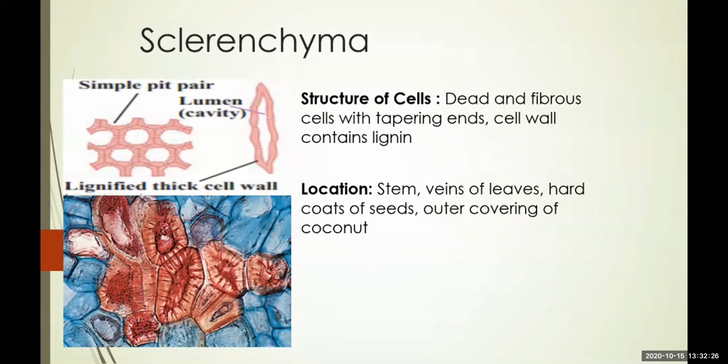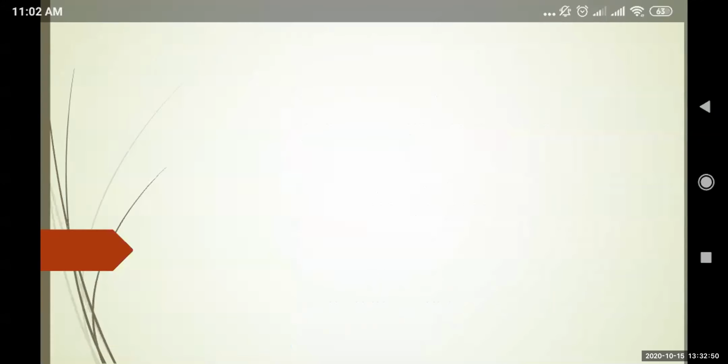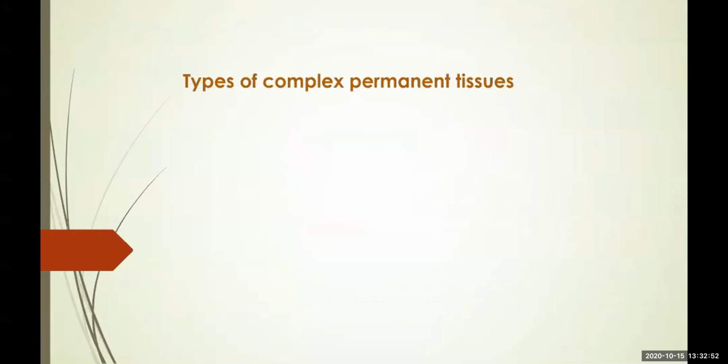That hardness to the seeds or to the coconut shell is due to the sclerenchyma cells. Function of sclerenchyma is it gives strength and rigidity to the parts of the plant, and hence it provides protection to the parts of the plants where it is present. So we have completed these simple permanent tissues.